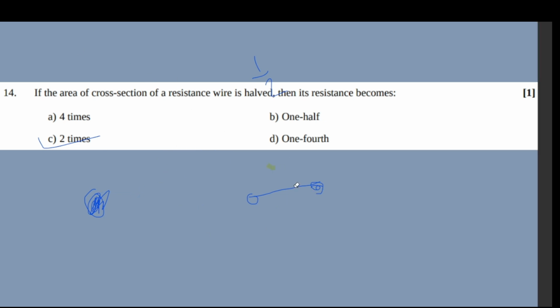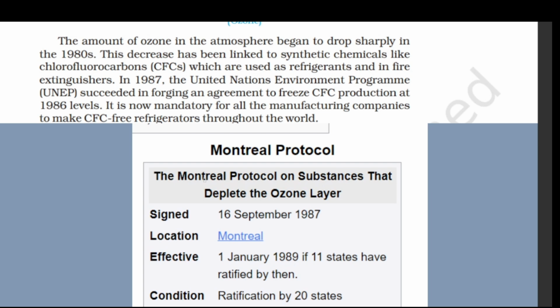So first of all, I think I might have to erase it. The next question: when did the Montreal Protocol become effective? First of all, you would have to understand where this was given. In the NCERT, it is given that the amount of ozone in the atmosphere began to drop sharply in the 1980s. This decrease has been linked to synthetic chemicals like chlorofluorocarbons.